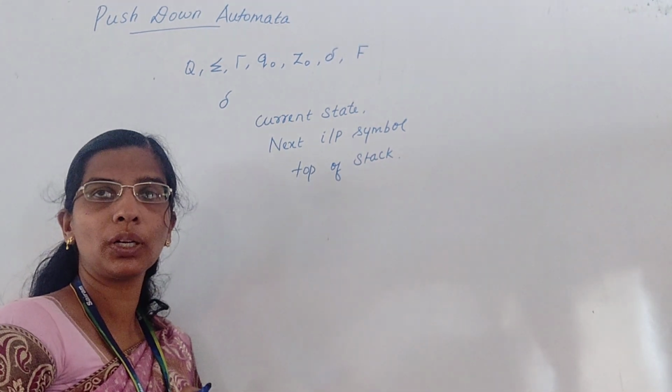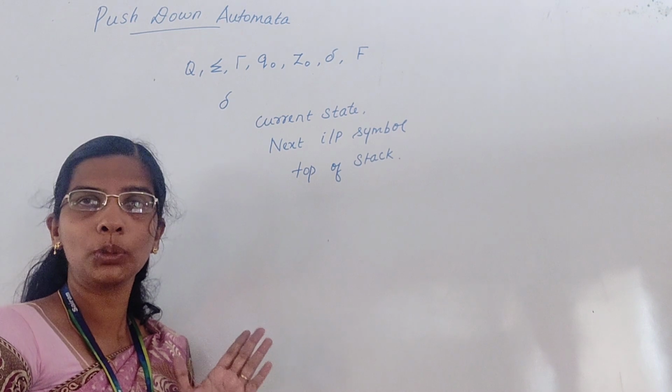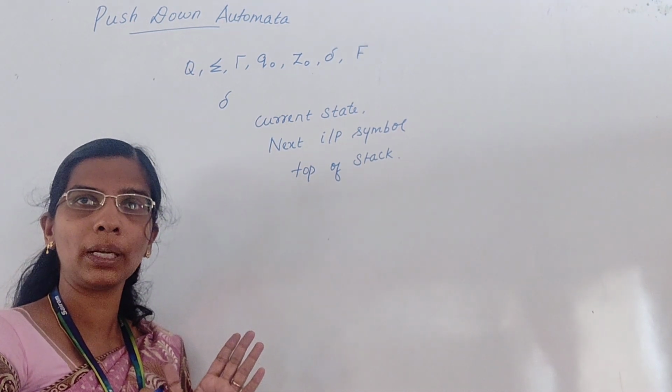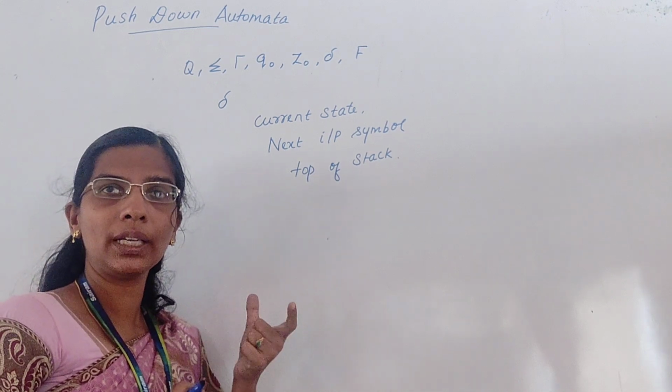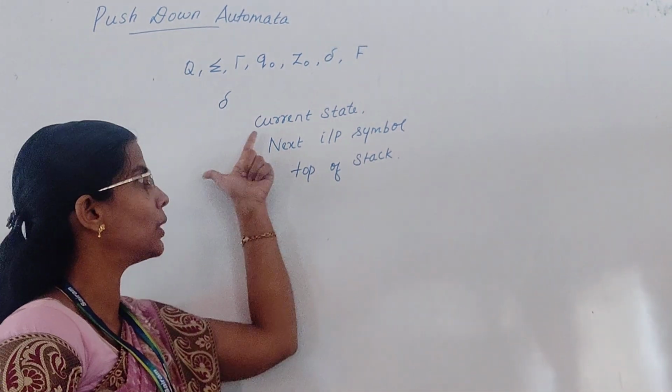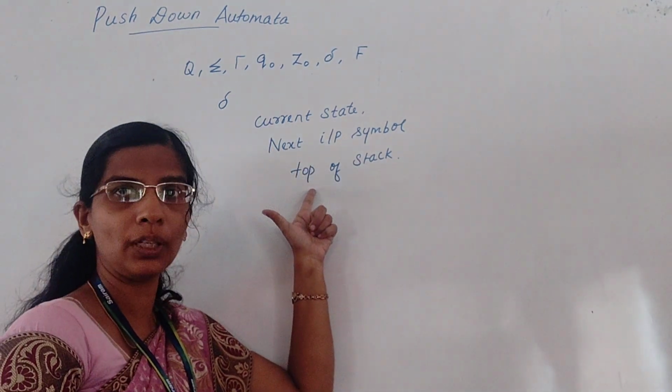What is push down automata? A finite state machine with an extra stack is known as push down automata. It is a 7-tuple machine, and every time my transition depends upon the current state, the input symbol and the top of your stack.